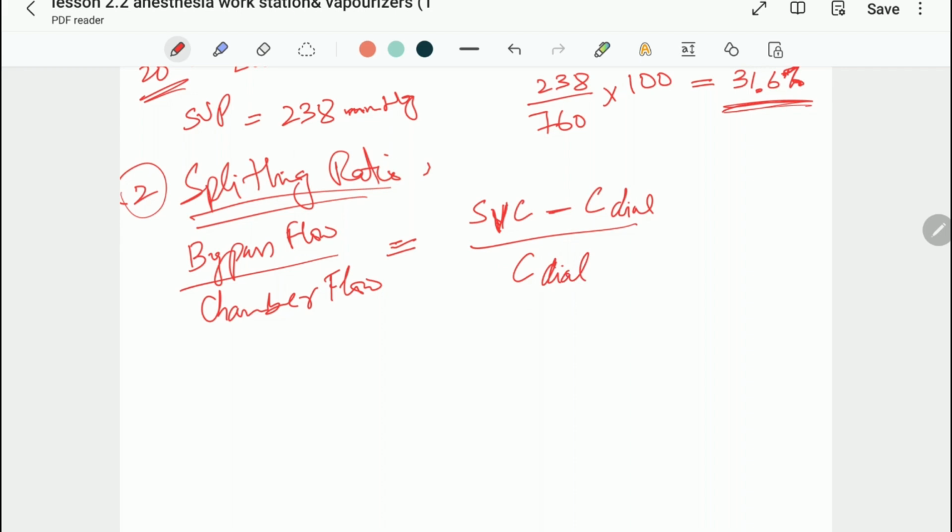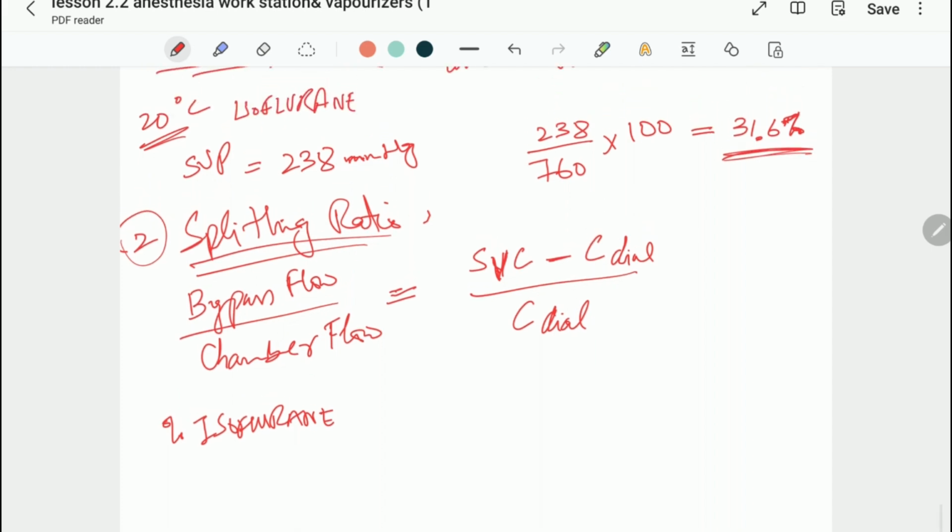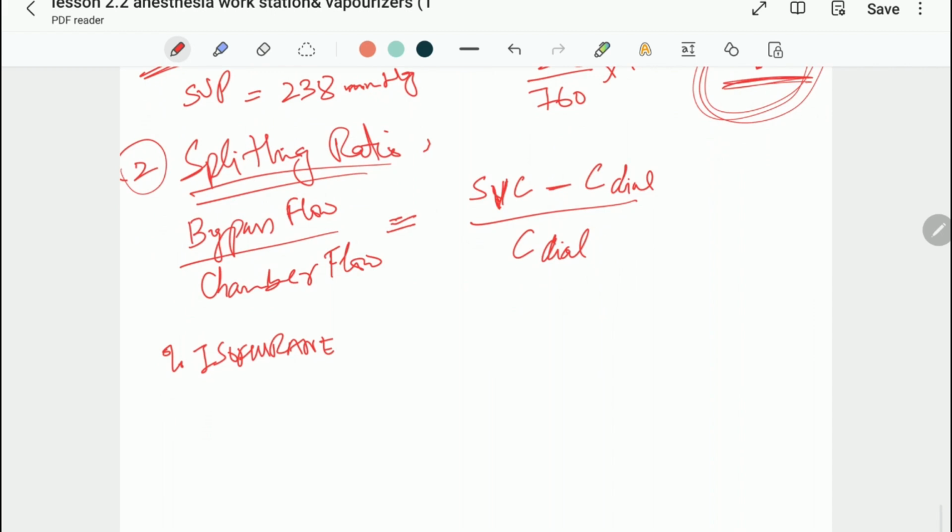So for example, taking the isoflurane example again, if we have to deliver 1% isoflurane, where the saturated vapor concentration is 31.6%, what will be the splitting ratio? The splitting ratio would be 31 minus 1, divided by 1, that is the dial.